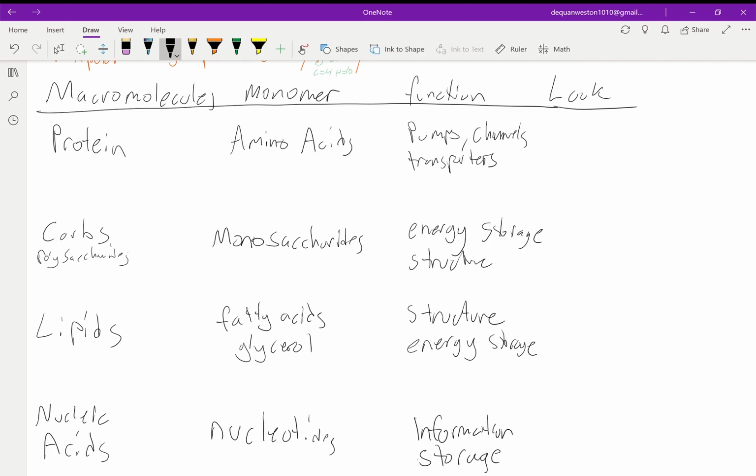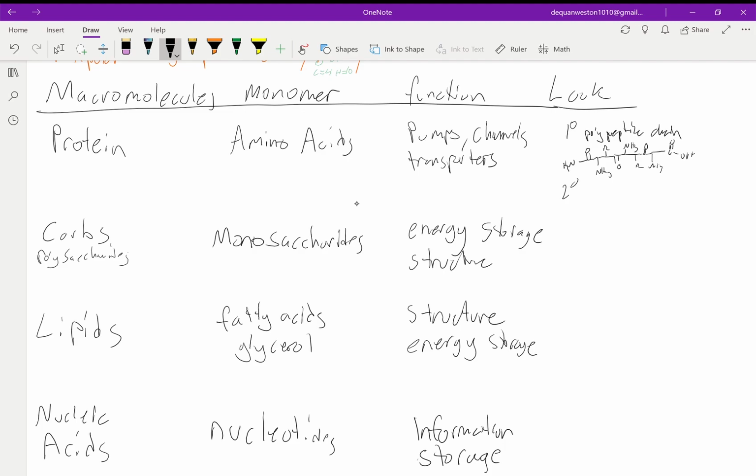So proteins, it depends what structure it's in. Remember, proteins have primary, secondary, tertiary, and quaternary structure. The primary structure is just the polypeptide chain, and it'll basically look like this with R groups coming off of here.